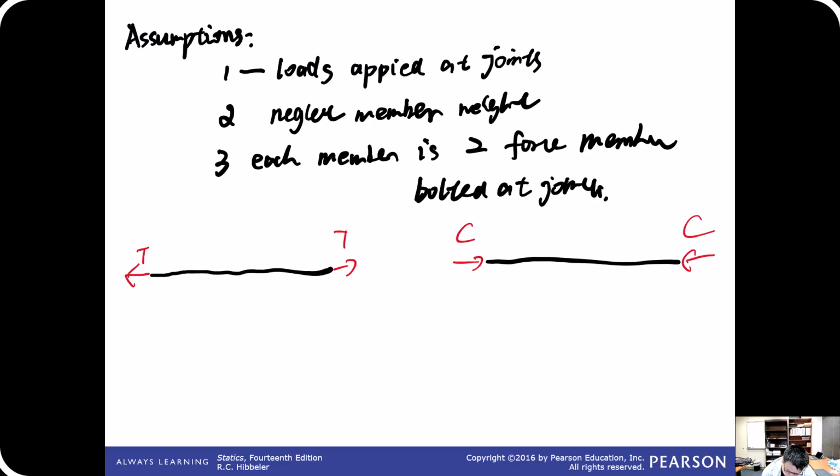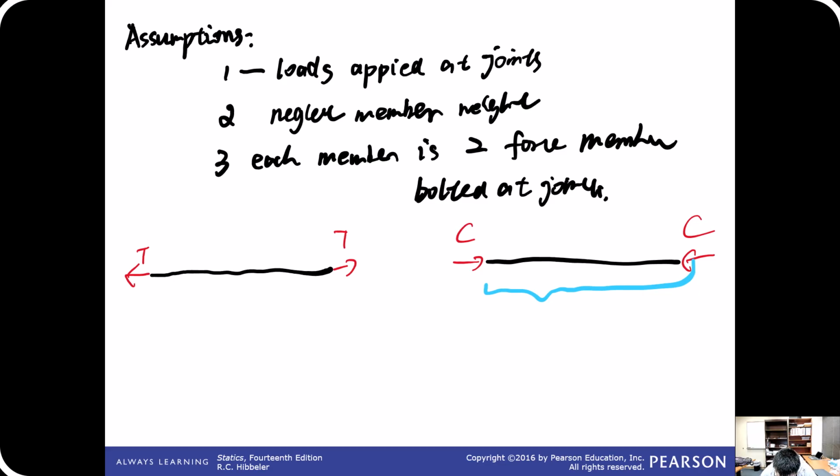And here we can pause a little bit and I have a question for you. Which of the members needs extra size in the design? The answer should be the compression members.